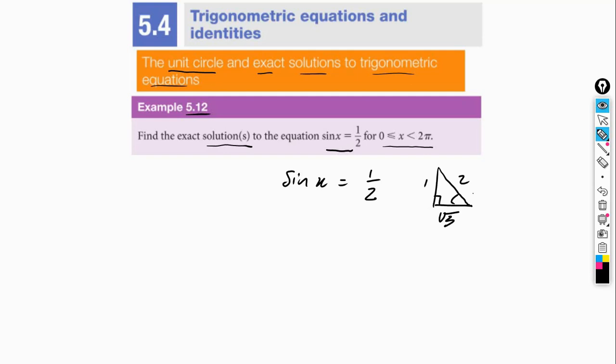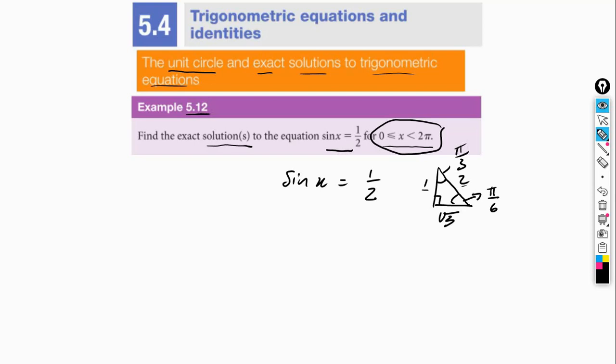And this is the 30-60 right triangle, the special right triangle. So this here, in terms of radians, because notice that they want an answer in radians, is pi over 6. So sine of pi over 6 is equal to 1/2, opposite over hypotenuse. Now this, of course, would be pi over 3. So if they were asking for cosine, we would know it would be pi thirds.